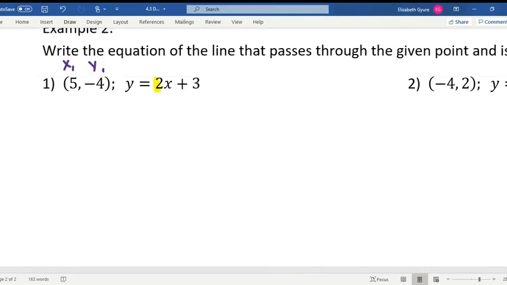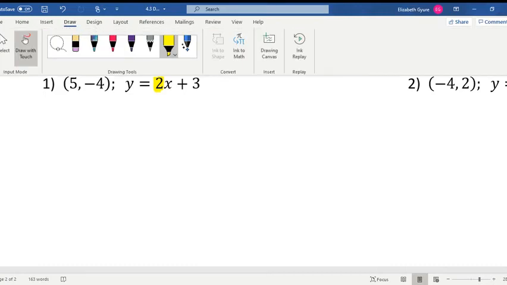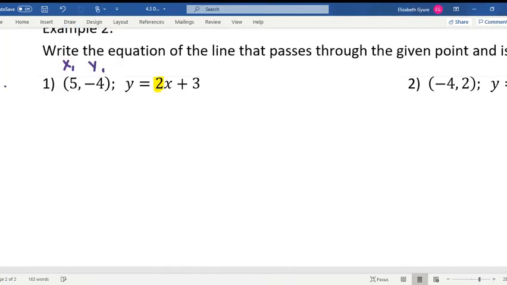Yeah, 2 or 2 over 1, right? Okay. Now, we want to write the equation of a line that's parallel to this, which means our new line also has to have a slope of 2. So what that means is we have a point and a slope that we need to use.